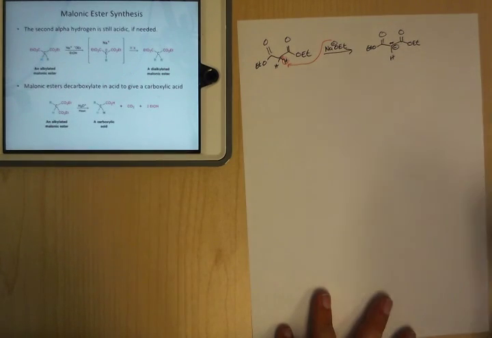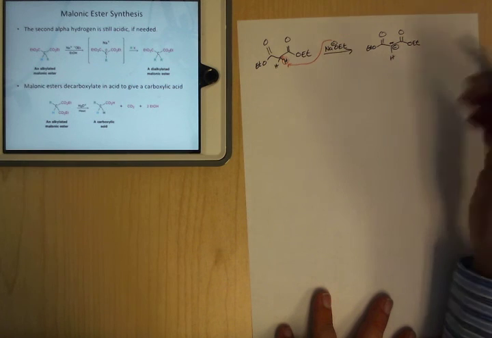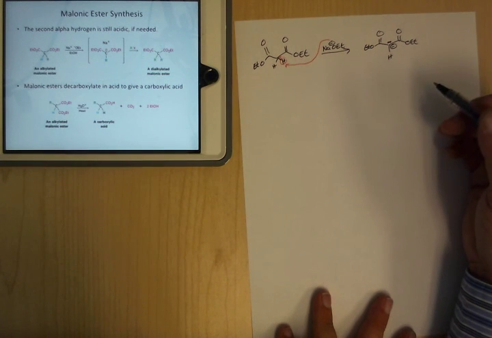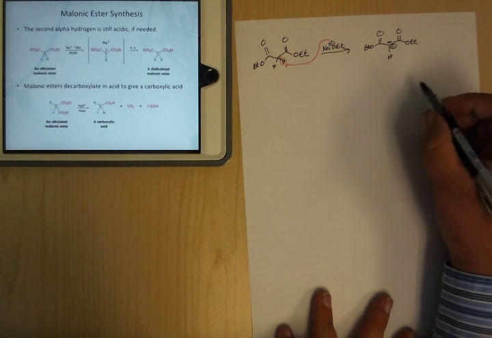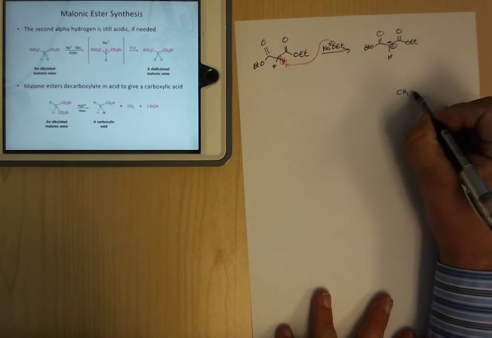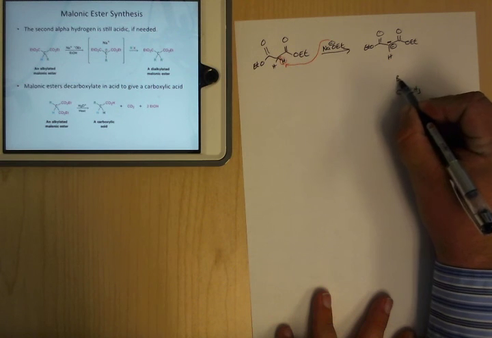Let's say we want to hit it with some sort of carbon chain or whatever. So let's say we have an ethyl group here, the bromine.